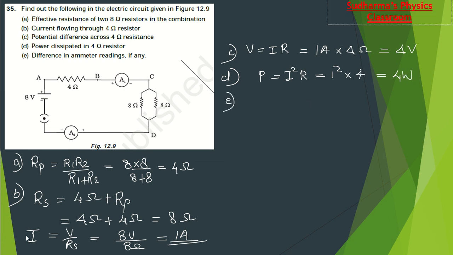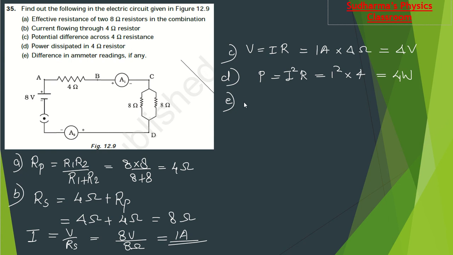And E, difference in ammeter reading if any. Ammeter reading, where are the ammeters? A1 and A2, they are all connected in series, and those ammeters will be showing the same current.